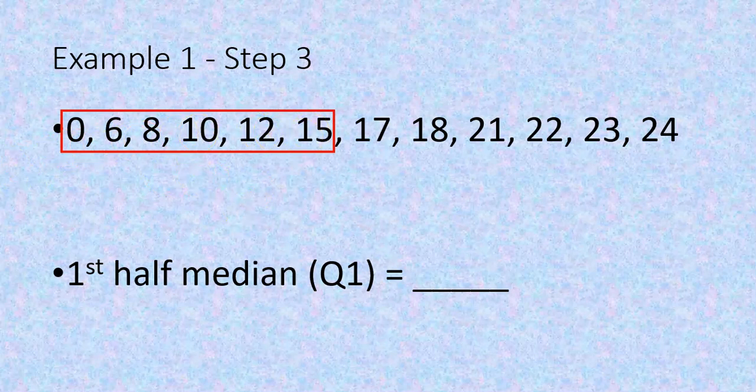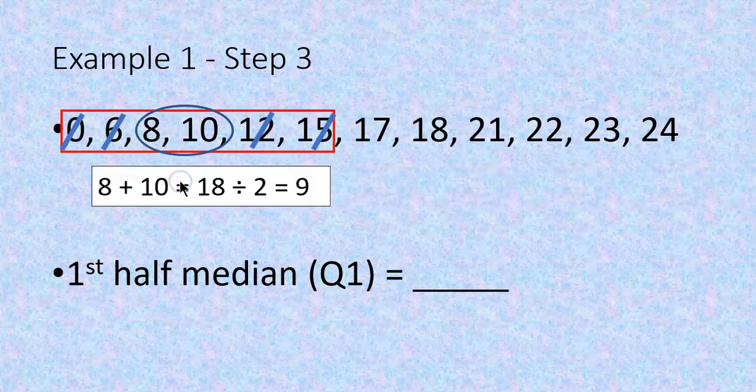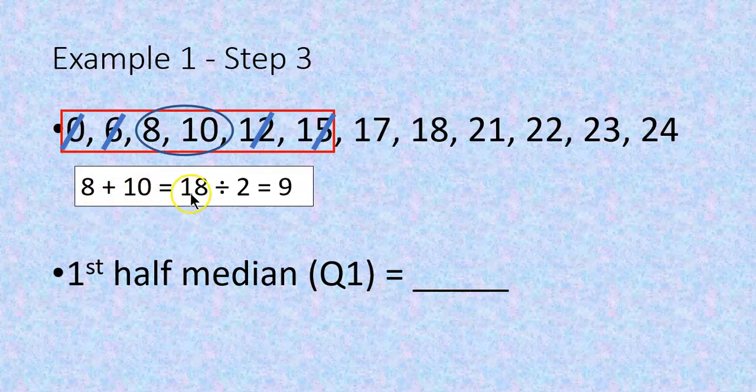Now, we're just going to find the median of this set of numbers, just like before. So start crossing off numbers from each end. And now we have 8 and 10 in the middle. So we still have 2 in the middle. The text box says 8 plus 10 equals 18 divided by 2 equals 9. So the first half median is 9.